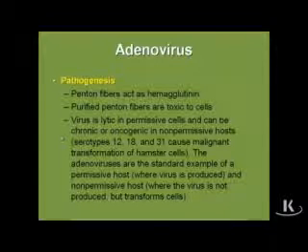In a non-permissive cell, instead of having an abortive infection, you have a transformation event. So the virus in this case gets outside of its host, can't replicate lytically, so it enters into this state of transformation. And so adenovirus can actually transform cells, and in this particular case, we're talking about hamster cells.